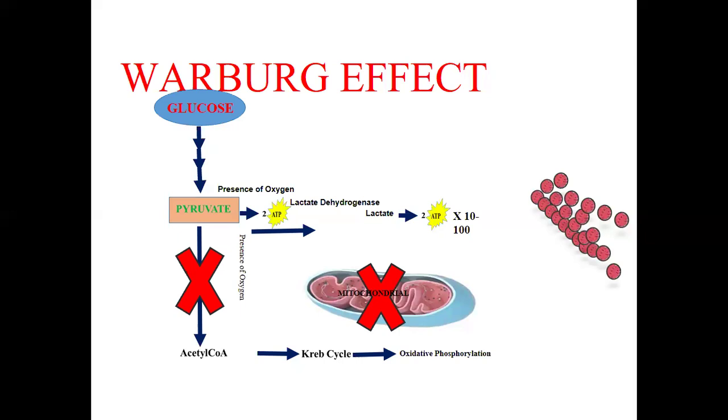But in the presence of lactate dehydrogenase, it will form lactate, and from there it will produce so much ATP, about 10 times to 100 times more. That particular effect is referred to as the Warburg effect.